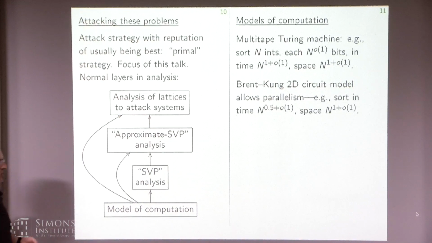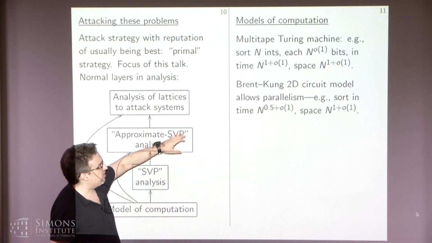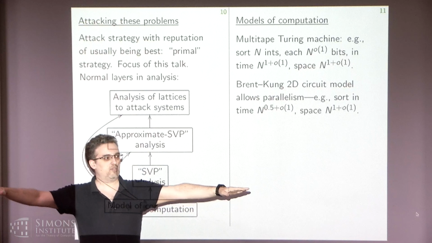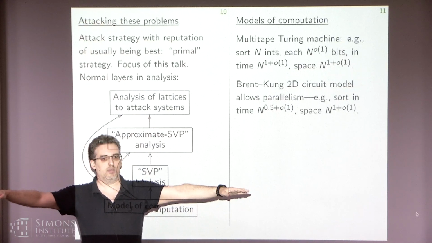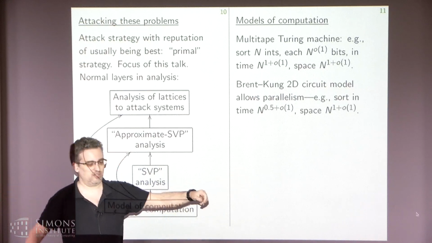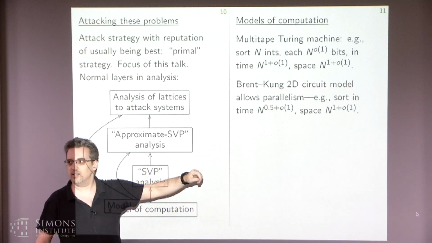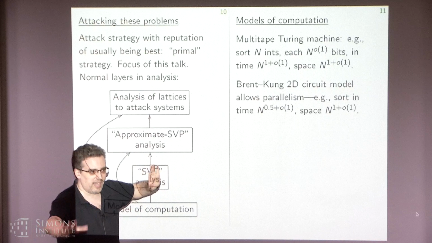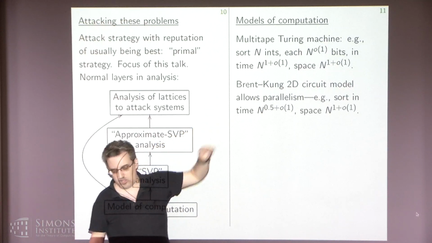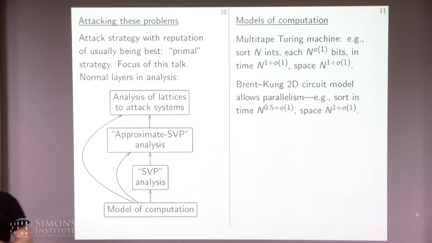It's not going to significantly add to your cost. And well, Brent and Kung said, all right, computation is done on a big square array of transistors connected by wires. Sounds kind of realistic because, well, that's how we do computations. Maybe not once we have quantum computers. I mean, you can say, hey, this is still not the end of the story. But they said this is not just reality, it's also a good theoretical definition.